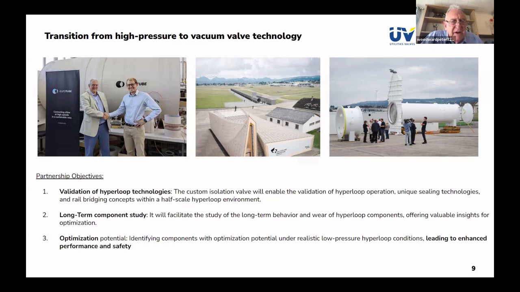We wanted to validate the Hyperloop technologies. It would have to be a custom designed valve, and Eurotube also wanted to have rail bridging concepts across the valve, if necessary, within the valve body. And that's all possible if they need to do that.